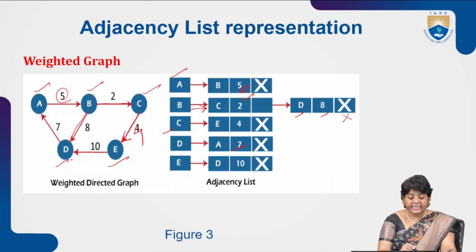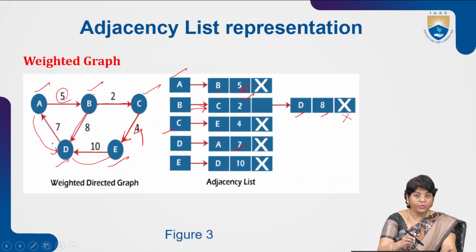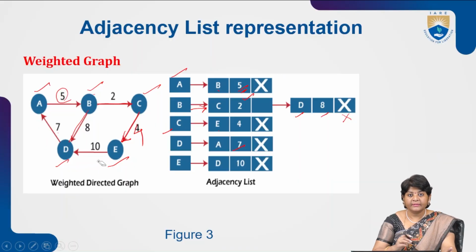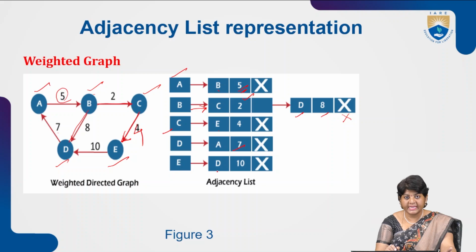And we are not considering D to E or A to D. There is no edge connection, so we won't consider those edges. And the final vertex is E, which is linked to D with weight 10.